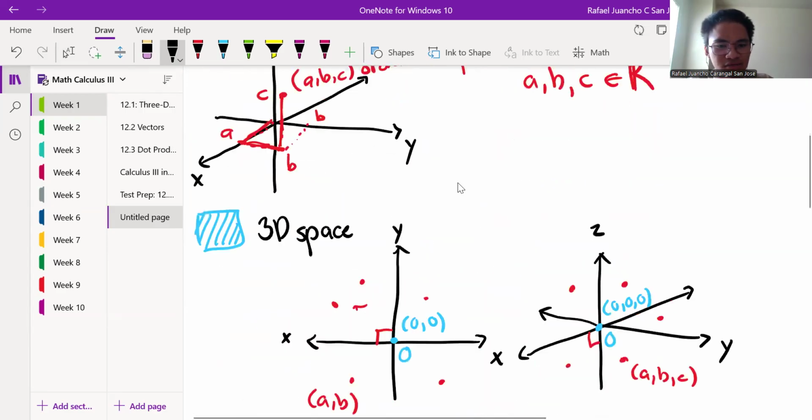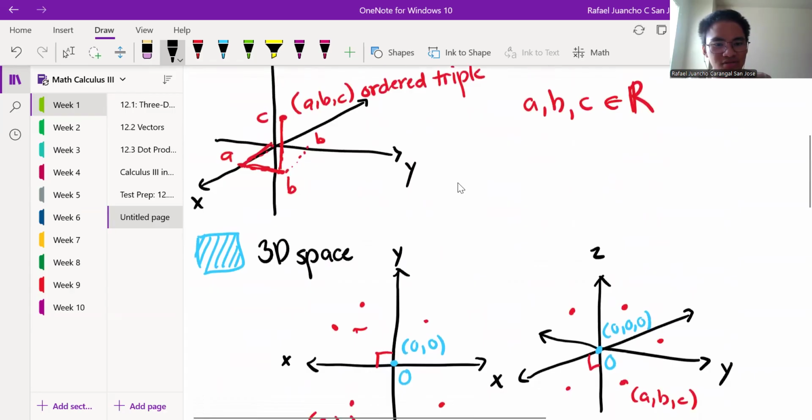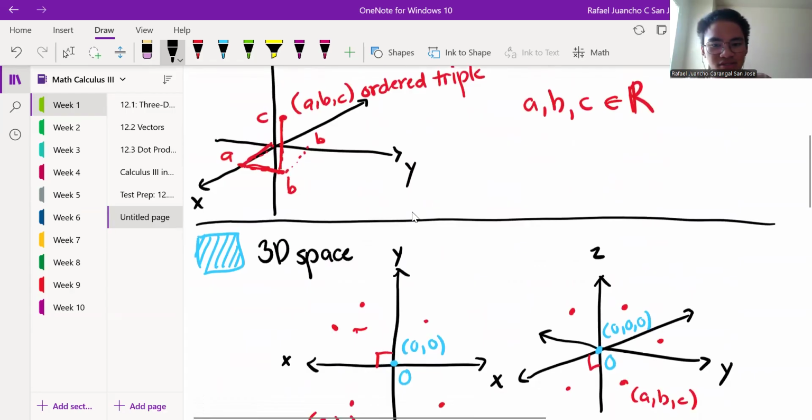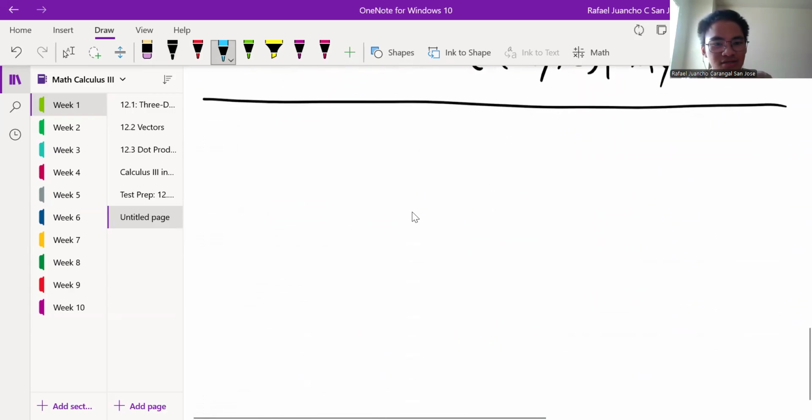Okay, how do I format? Okay, yeah, we did 3D space. So we're moving on to surfaces and solids.